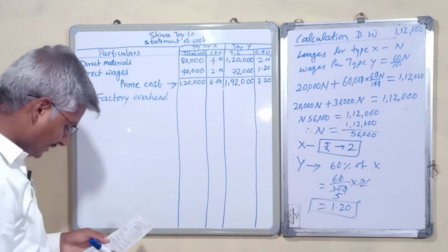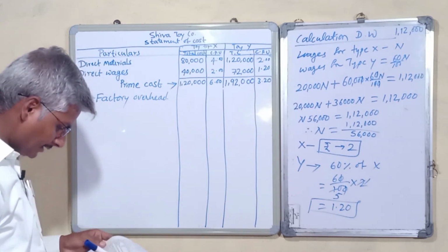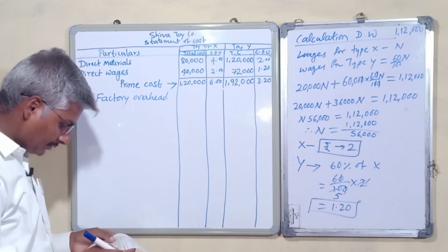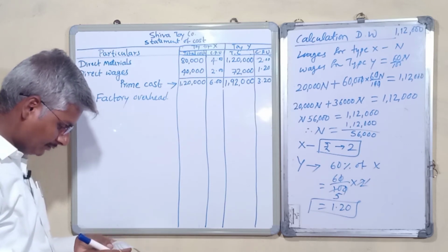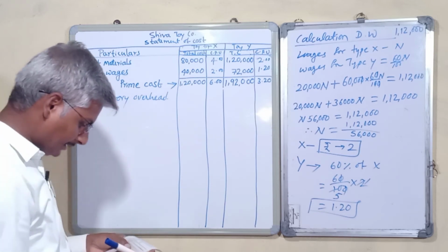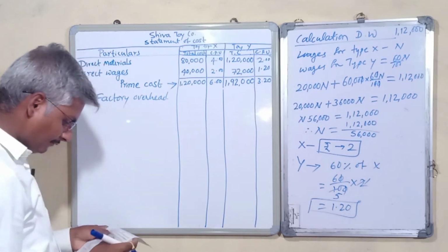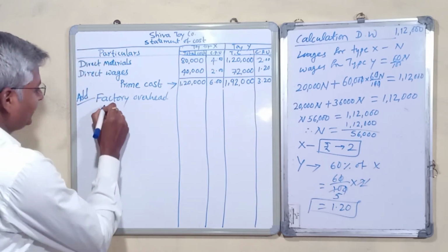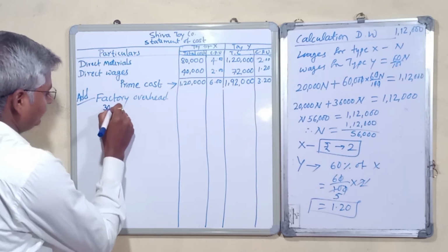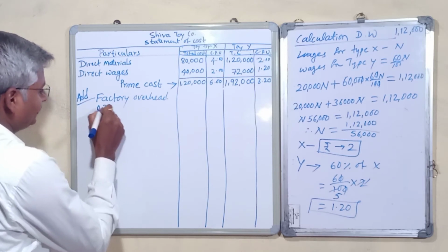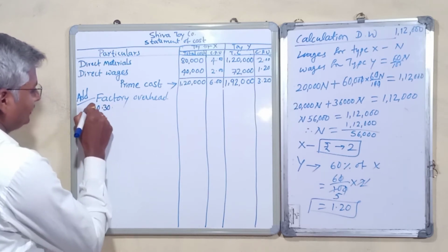In the problem they have mentioned that factory overhead, production overhead, was 30 paise, the same per toy of X and Y types. So 30 paise each, that is 0.3 rupees each.